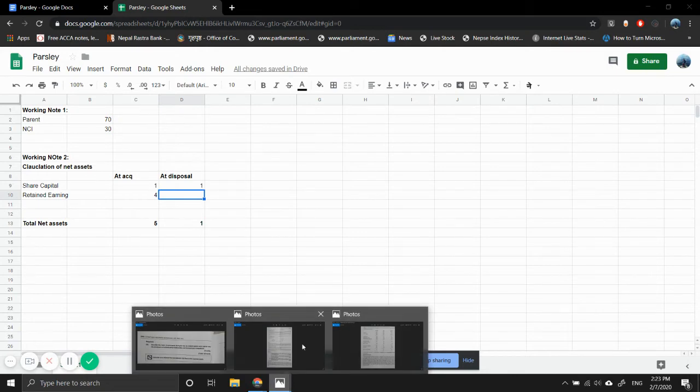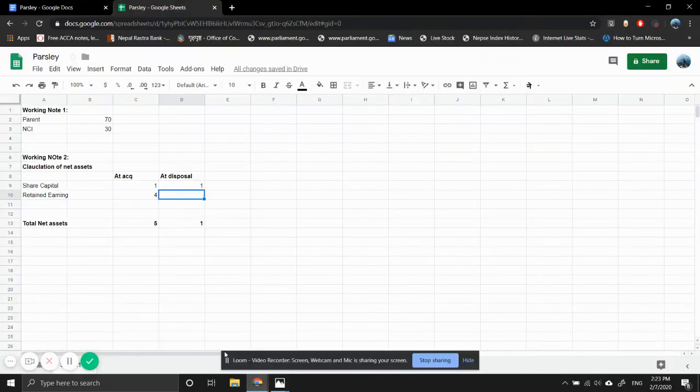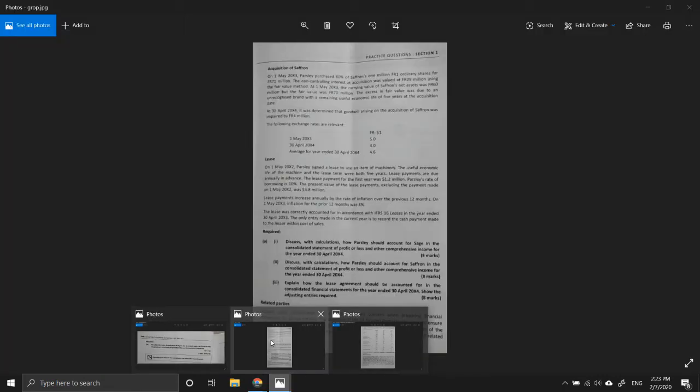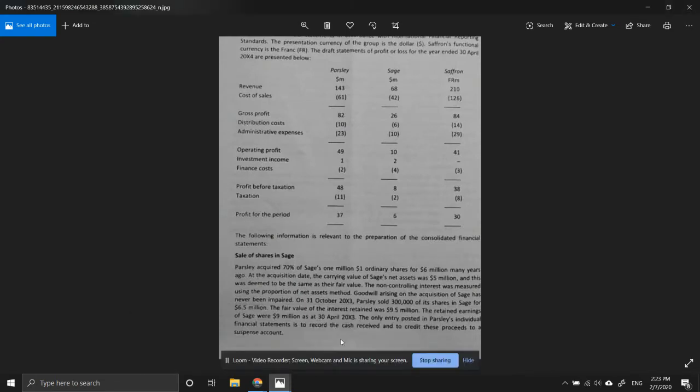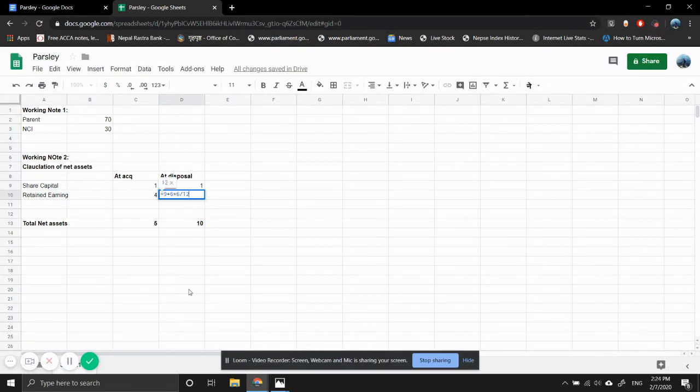And then during this period, we've been given retained earnings at the start of the year, which was 9 million. It increased by the profit, which was 6, so 6 into 6 divided by 12, that means 3. So 13 will be our total net assets at disposal date, right?